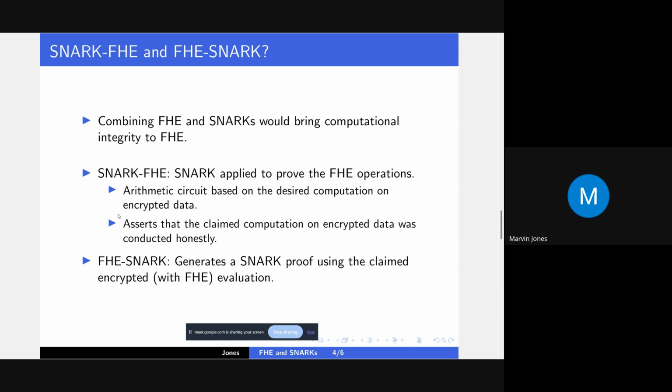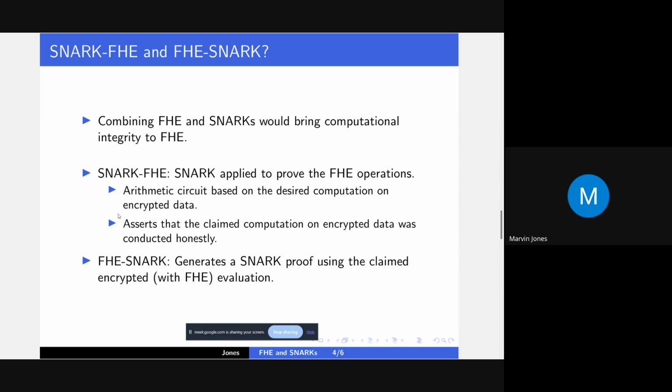And this is going to, of course, assert that the claimed computation was done correctly and honestly. That's key. And then we could also do the SNARKs essentially first, and then do FHE to some extent. So we generate a SNARK on the claimed encrypted value.